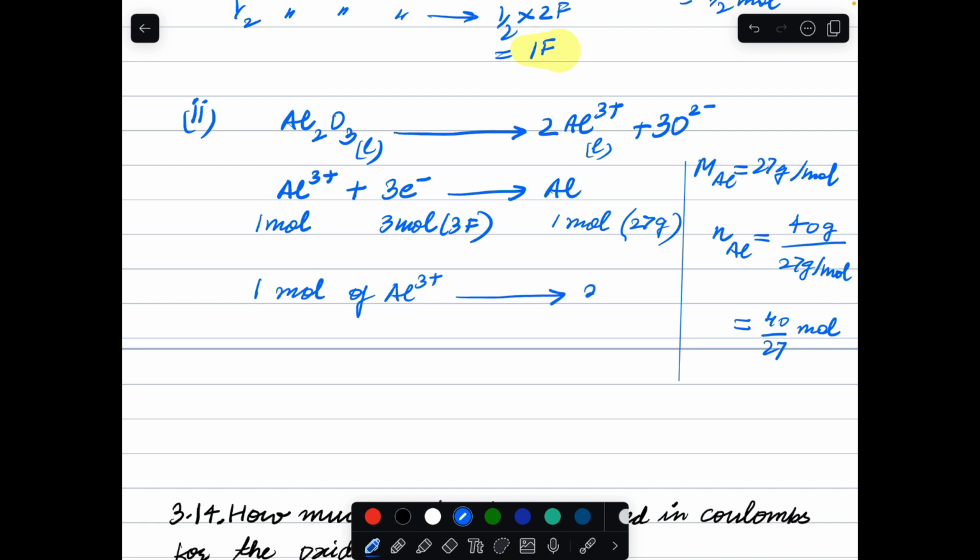Therefore, 40 by 27 moles of aluminium ion will need 40 divided by 27 into 3. So you will get the answer as 4.44 Faraday. So this is your second answer.